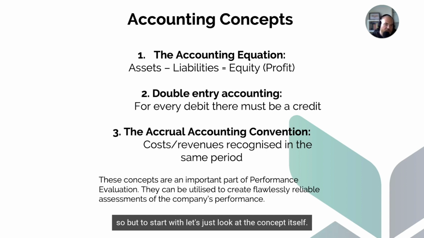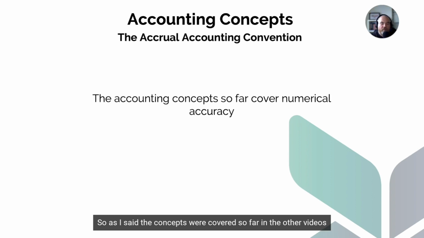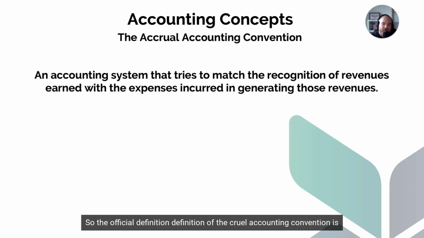But to start with, let's just look at the concept itself. As I said, the concepts we've covered so far in the other videos are about numerical accuracy. This one is about timing. The official definition of the Accrual Accounting Convention is that it's an accounting system that tries to match the recognition of revenues earned with the expenses incurred in generating those revenues.